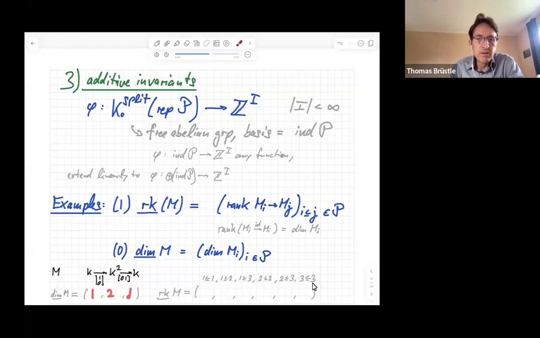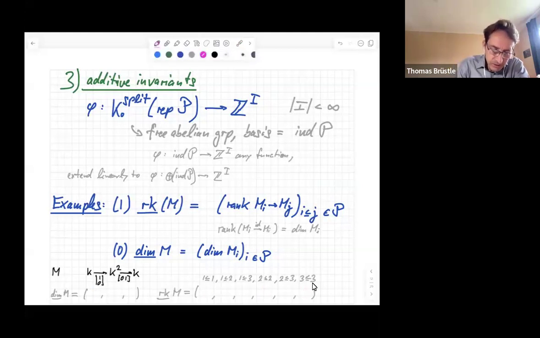And if I compare to the rank invariant, the rank invariant has the dimension at 1, the dimension at 2, and the dimension at 3. This is the part that we have seen before already in the dimension vector. So 1, 2, 1 enters here. But the rank invariant stores more information, like the rank of the map from 1 to 2.